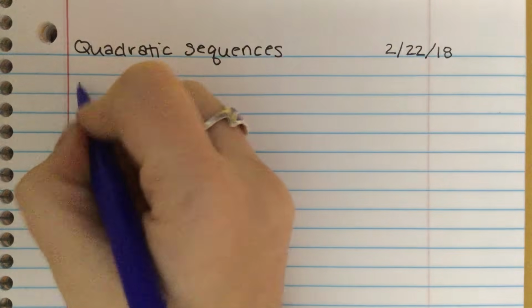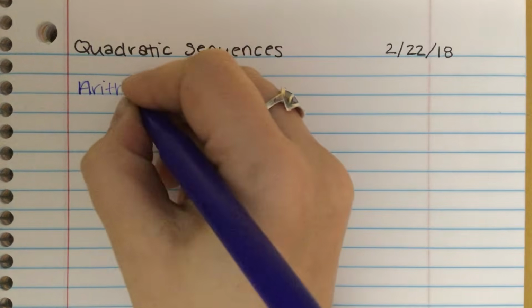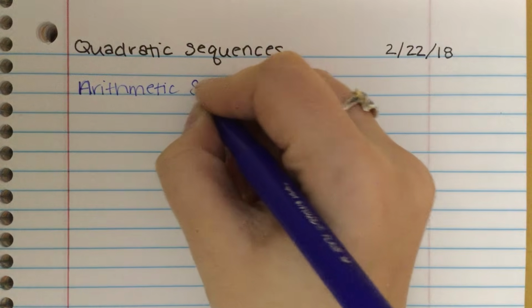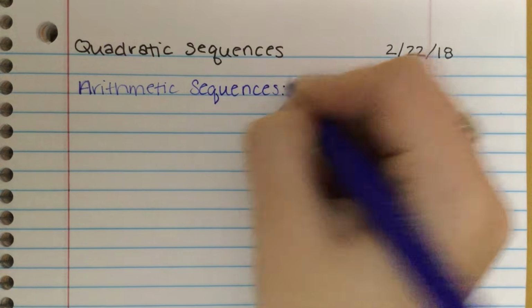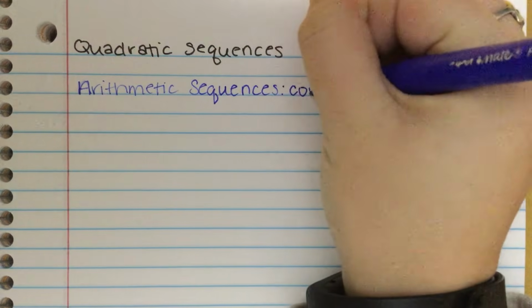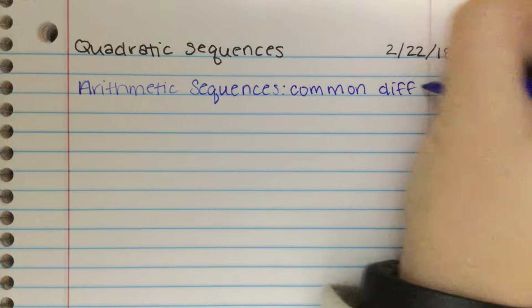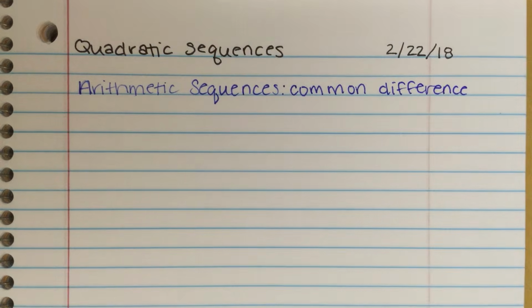And arithmetic sequences have something called a common difference. Meaning that if you were to look at all of the y values of an arithmetic sequence, you would add or subtract to get to the next term.